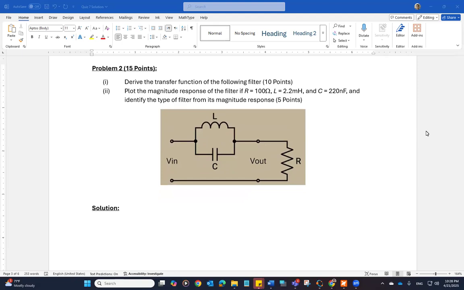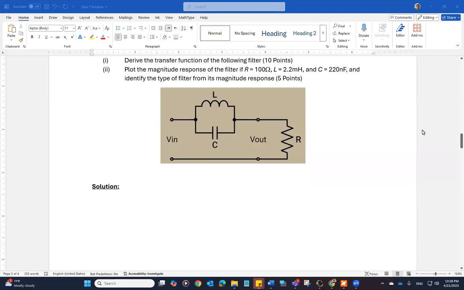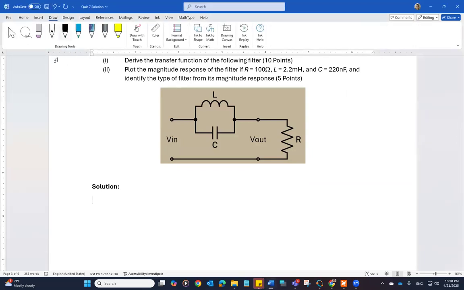So let's go ahead and figure out what the transfer function is, that is V out over V in. So let's first write down the transfer function in terms of voltage division. Remember, in the phasor domain, this will be XL and this will be XC.